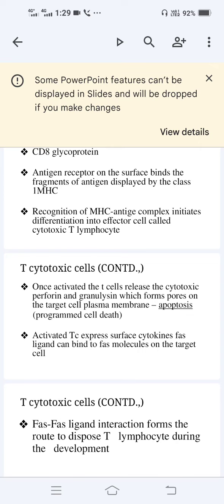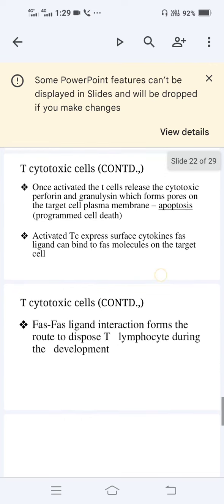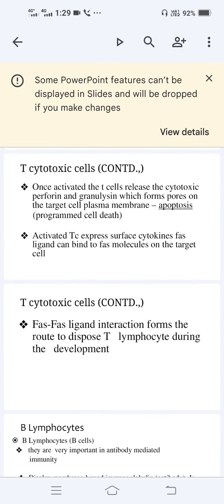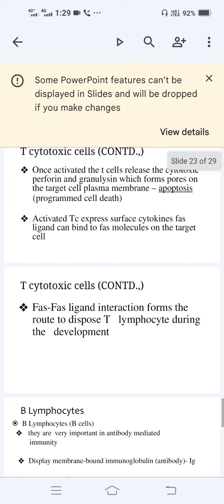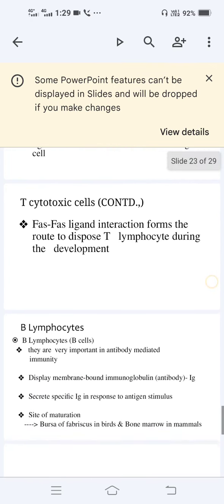Activated T cytotoxic cells express the surface cytokine Fas ligand that can bind to Fas molecules on the target cells. So Fas ligand interaction forms the route to dispose of T lymphocytes during development.